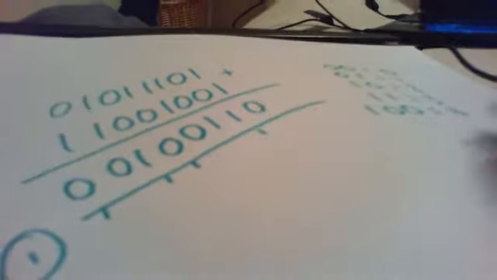Let's try with the other method this time. So using the orange pen this time to show you that this is a different method. So we have got 1, 0, 0, 1, 1, 0, 0, 1, 0, 1, 1, 0, 1, 0, 0, 1.